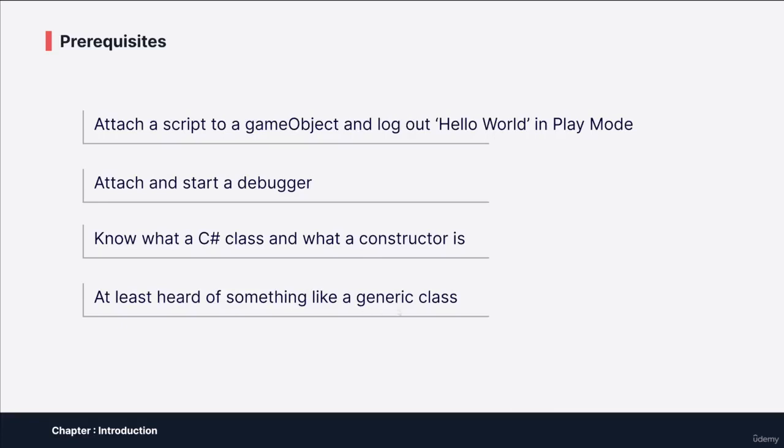It would definitely be good if you heard about something like generic classes, but that is the last point. If you haven't heard it and you just read a short blog post of 5 minutes about it, I think you will be good to go.